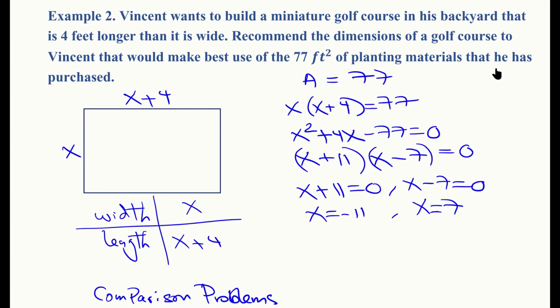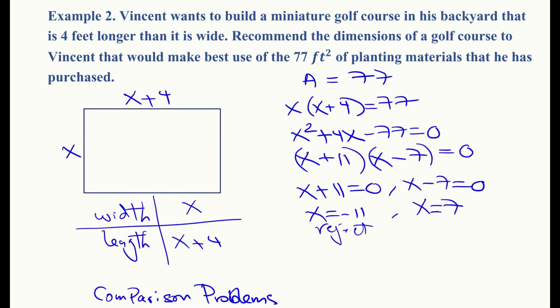So we'll reject this solution and we'll only accept this one. It's a mathematically perfectly good solution, but it's not a realistic solution because we're dealing with a real plot which has to have a real positive width and a positive length.